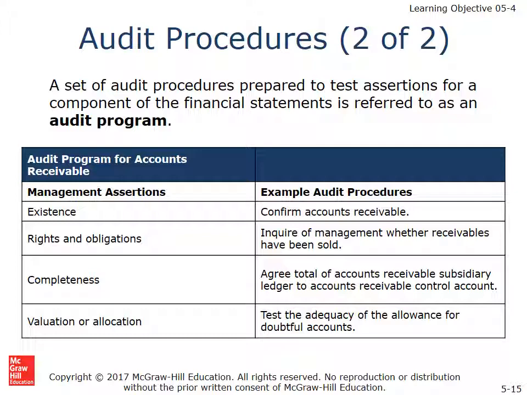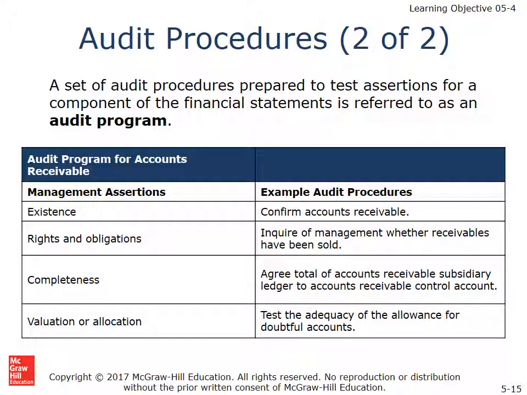Before we go to the specific evidence itself, take a look on page 138. It says, around halfway down the page, the following types of evidence may be gathered during any of the phases of the audit procedures. So this could be happening during risk assessment, test of controls, or substantive procedures.